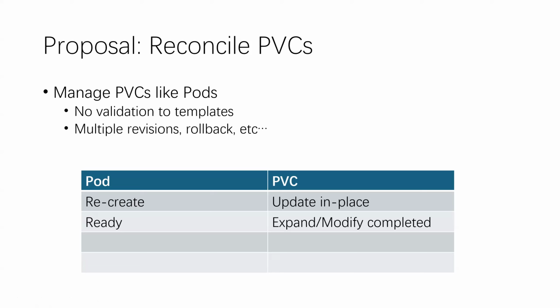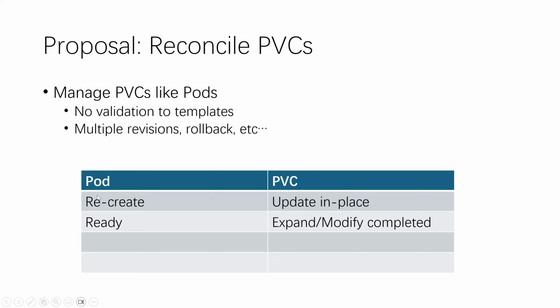For example, an invalid service account name should not cause us to fail to update the template. We can also have multiple revisions for the claim template, rollback, etc. Many features that are available to pods are also available to PVCs.